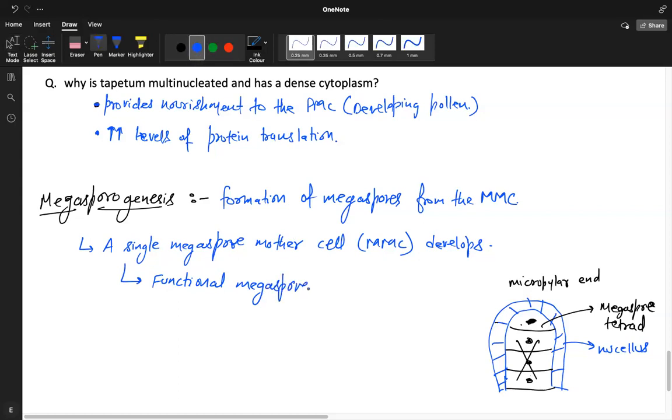So, what will happen if all four of these megaspores develop into an embryo sac? Normally it doesn't happen, but since biology is not foolproof, I'm not very sure.